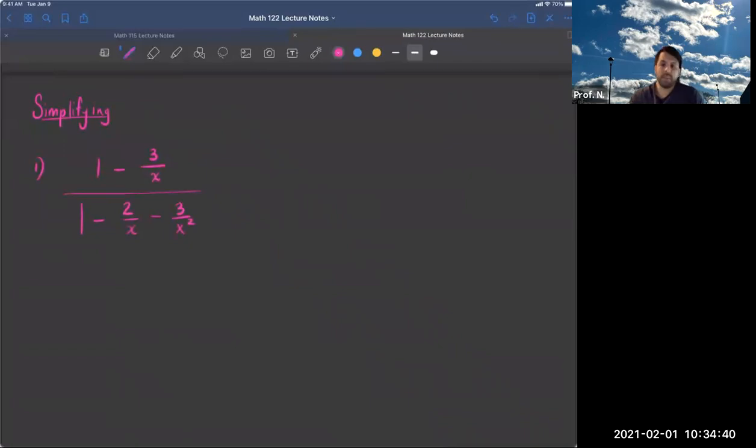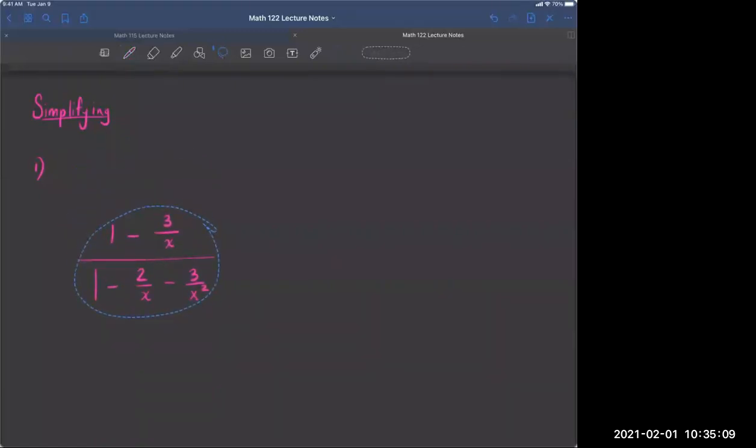Does anybody know what this expression here is called? When you have fractions within fractions. It's a particular kind of fraction. It's not a simple fraction, but a complex one. That's right.